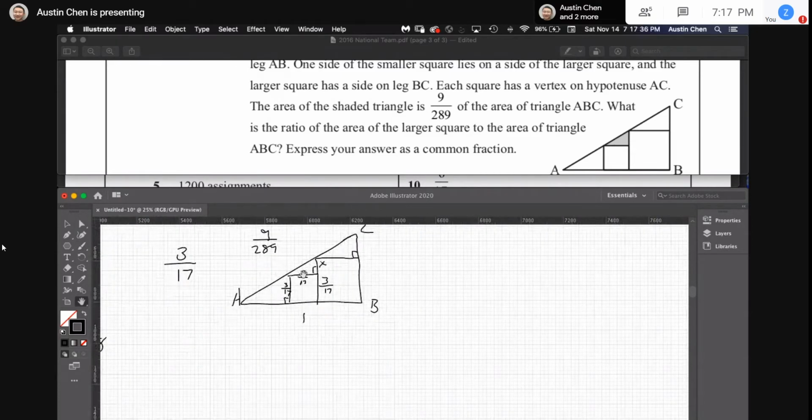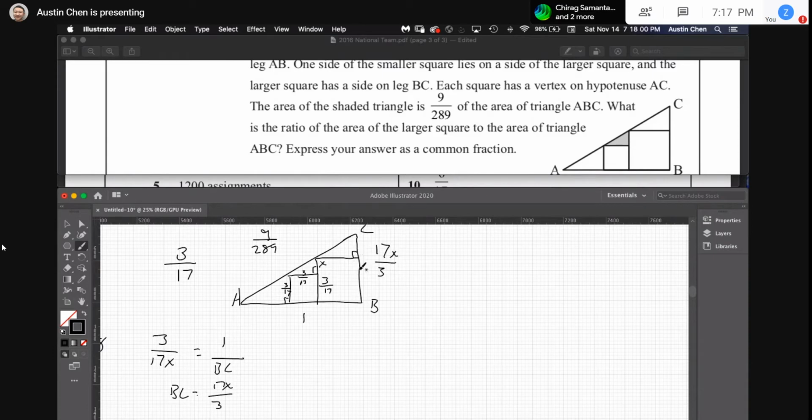So we know that the ratio on the smaller triangle of this side to this side has to be the ratio of the bigger triangle from this side to this side, right? That's saying 3 over 17x has to equal 1 over BC, right? So then BC will just equal 17x over 3. So this has to be 17x over 3.